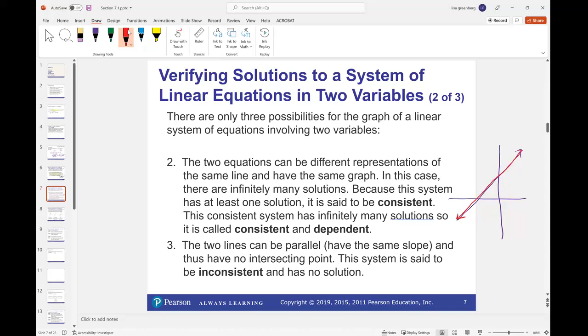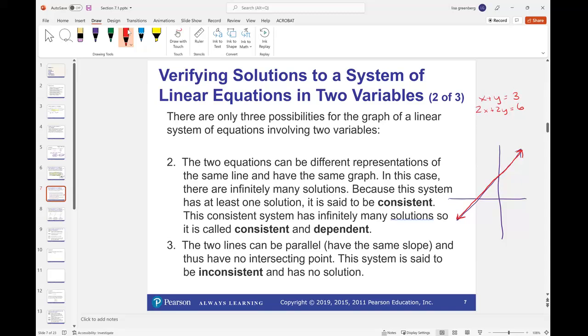They're the exact same equation, but they maybe look a little different. For example, like x plus y equals 3. If I multiply everything by 2, I get 2x plus 2y equals 6. Those are the exact same equation.